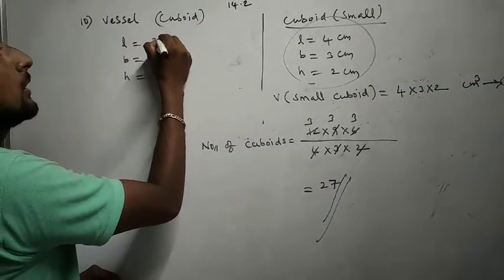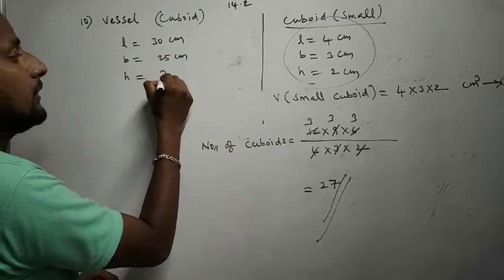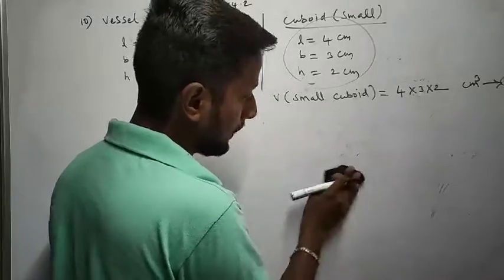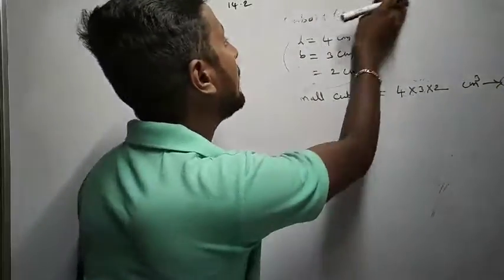Yes, 30 centimeters long, 25 centimeters wide, height we have to find. Capacity of the vessel is 4.5 liters of water. Then find the height.